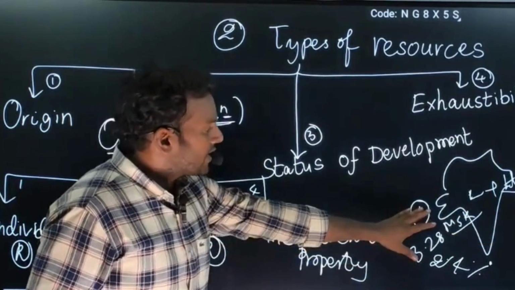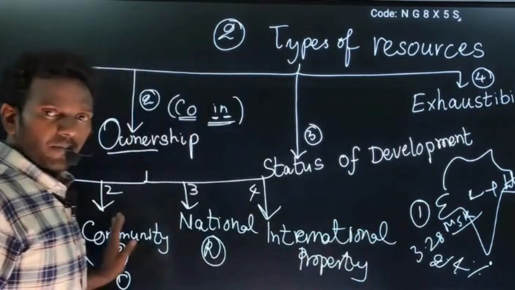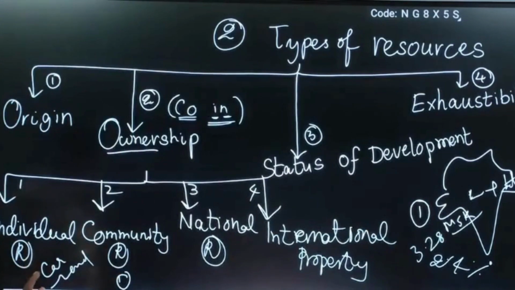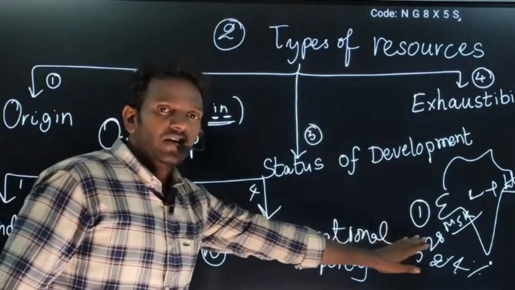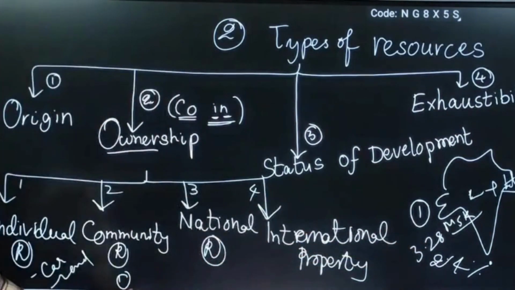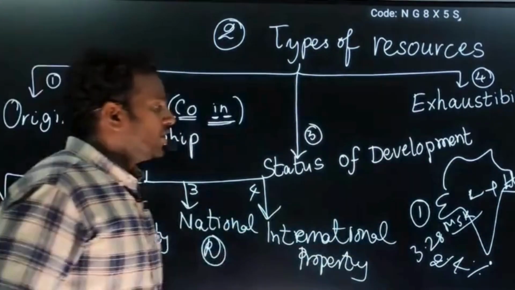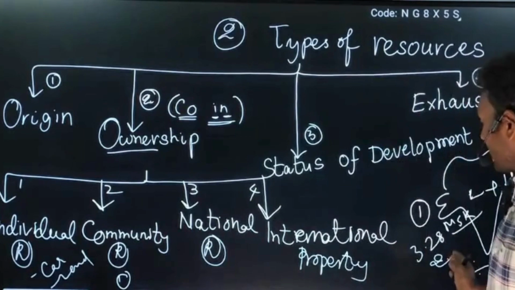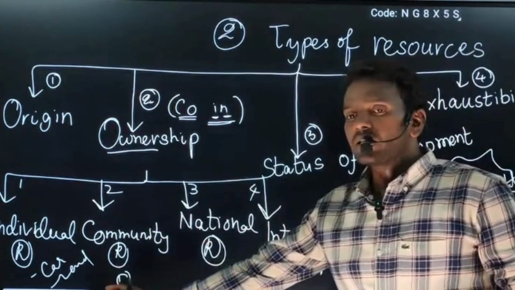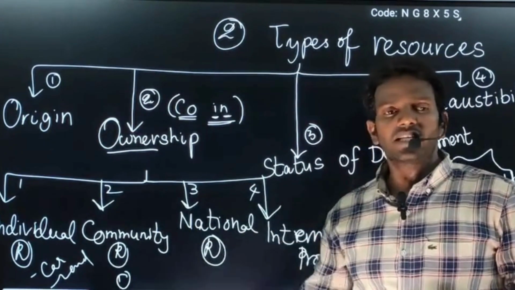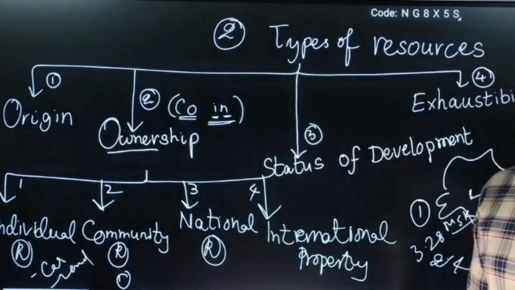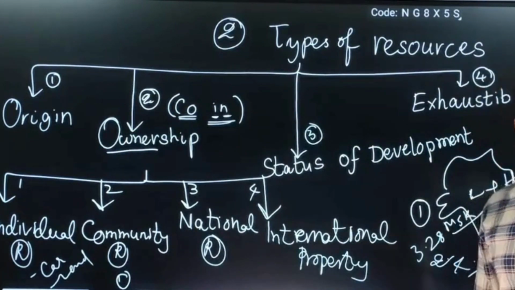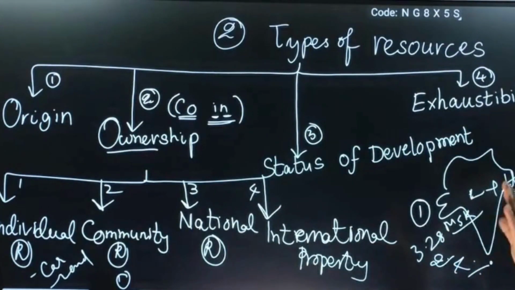If any country needs personal property as well as community property for the development of the nation, it can acquire it and utilize it. But for that purpose, every country has to pay the individuals. For example, it can pay some compensation for the land. If it grabs some land from you, it will give some compensation also.